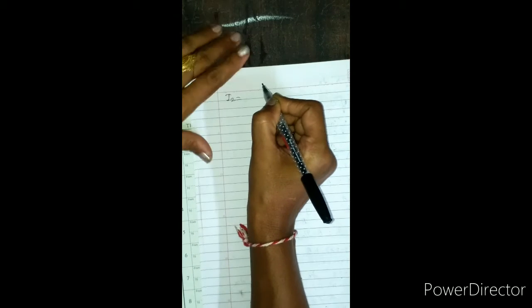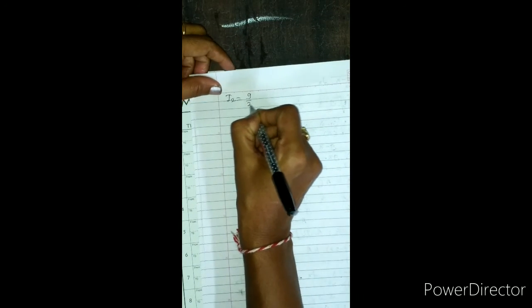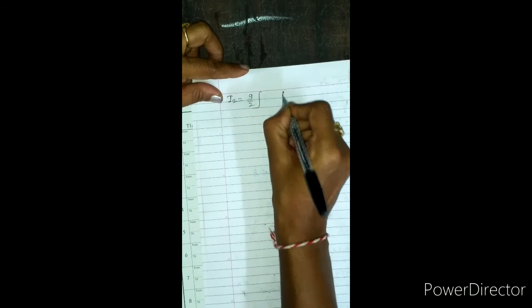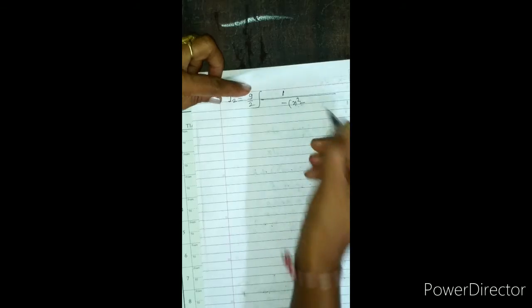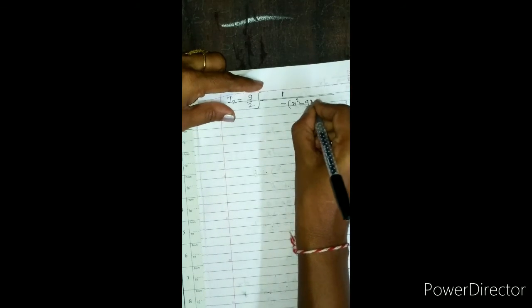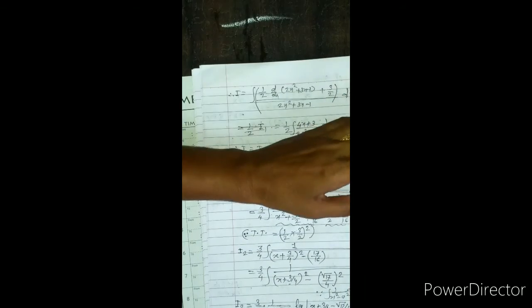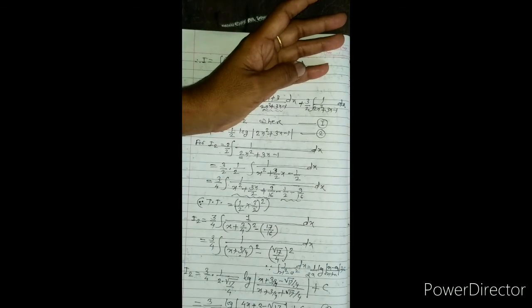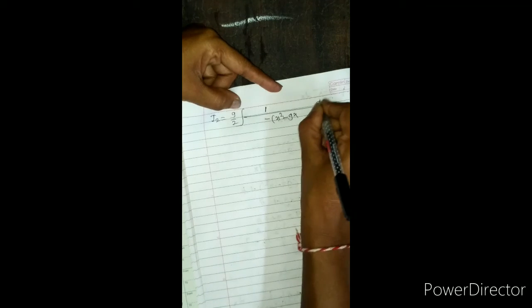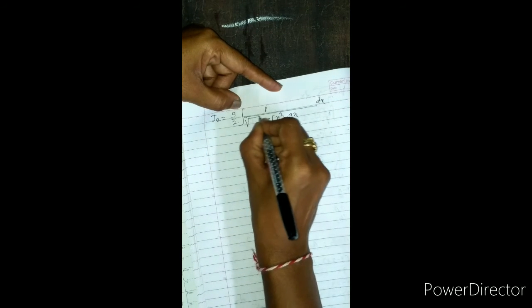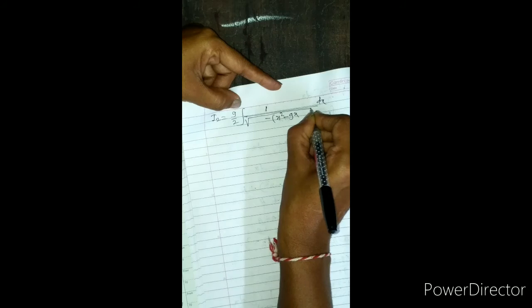I2 is equal to 9 by 2 times 1 upon, here we get the coefficient of x square as positive after making this expression 9 by 2, 1 upon minus of root of x square minus 9x, whole integral with respect to x, and that whole inserted under the root sign.